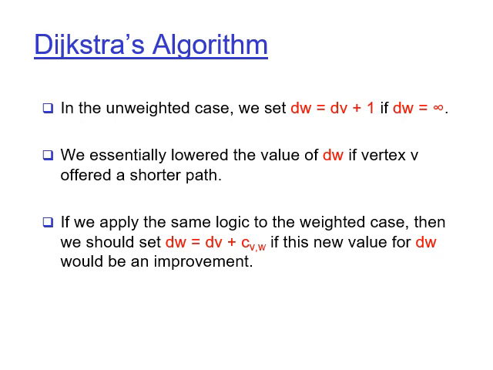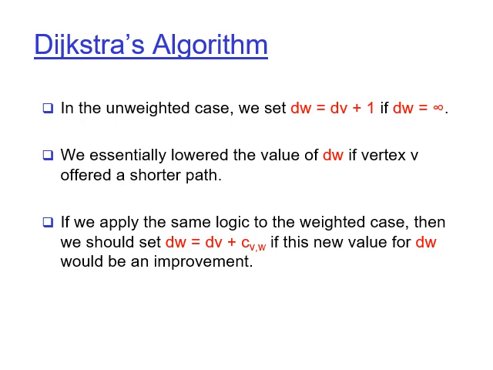This is how we were updating the distance weights in the case of breadth first search. We essentially lowered the value of dW if the vertex V offered a shorter path. If we apply the same logic to the weighted case, then we need to consider the weights.